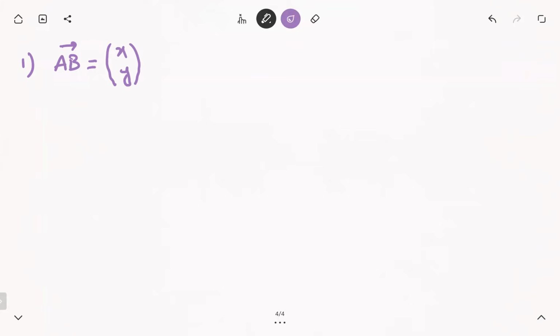Now what does it mean we can represent any vector AB in the form of column vector xy? What is x, what is y? So x is the movement of your vector along x-axis, or you can say along horizontal axis.